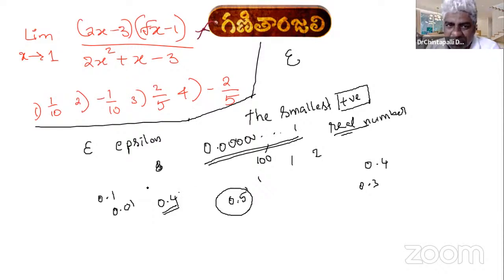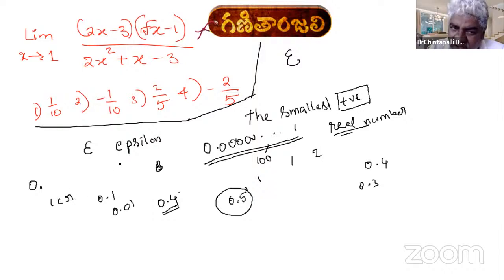So the smallest positive real number is 0. How many zeros?